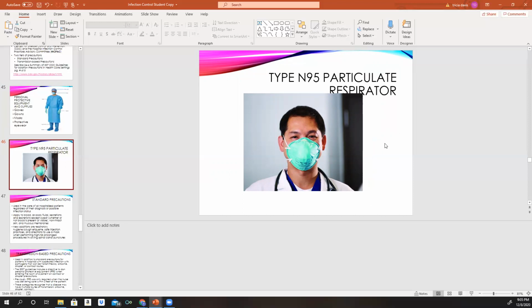Previously, if you were taking care of mainly patients that had tuberculosis, or if you thought they had TB, we would wear these. Normally, you're fitted at your facility to see which one fits you, because you want to have the right size so you can keep all those disgusting infectious particles out.